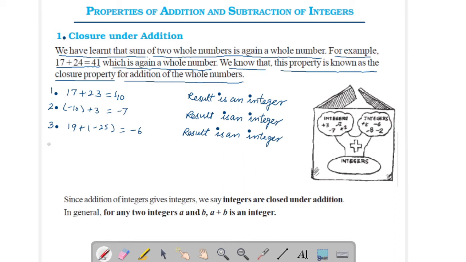Let us take fourth example, 27 plus minus 27. What will you get? 0. And 0 is an integer. It means result is an integer.